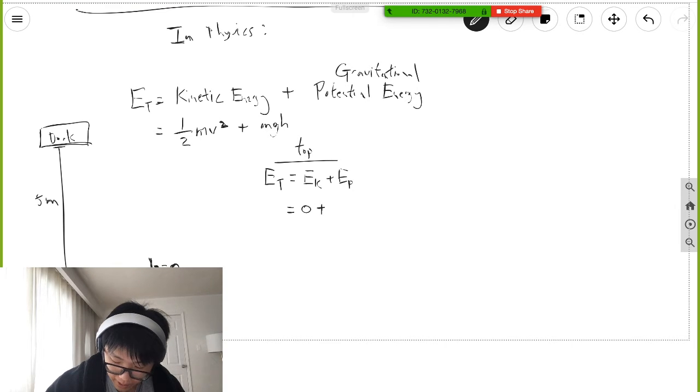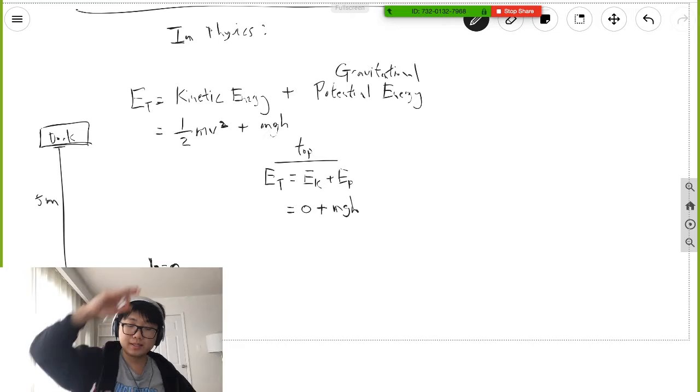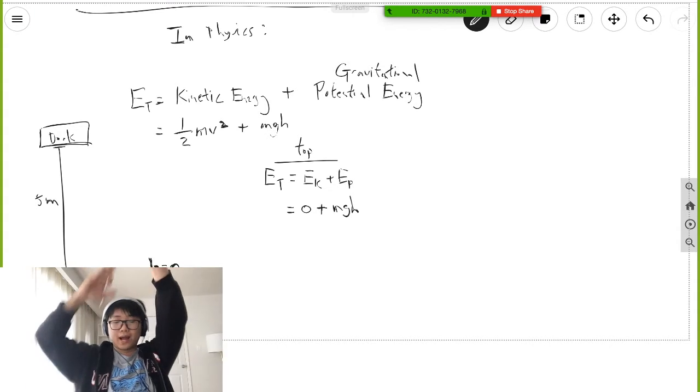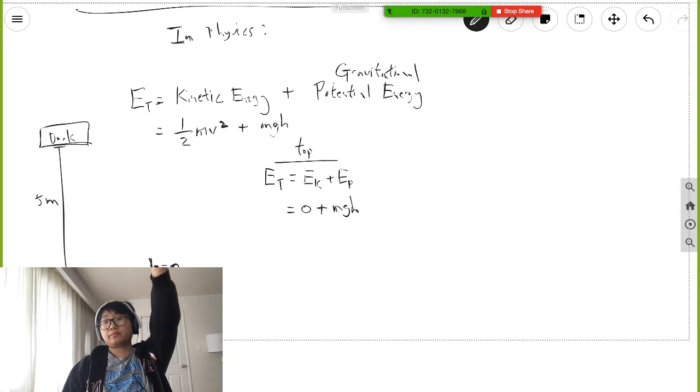Okay, so back to my problem. At the top, I have 0 kinetic energy. We could have solved that with half mv squared, plug in v as 0, and the whole thing would be 0. And then mgh, we do have mgh though. Again, this is all relative. It depends on where you set height as 0, because if you set the top position as 0, then your height at the bottom will just be negative.